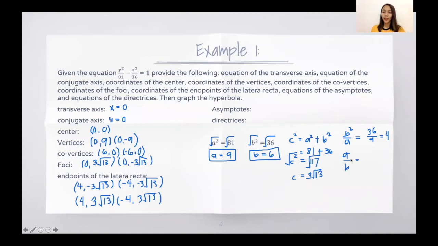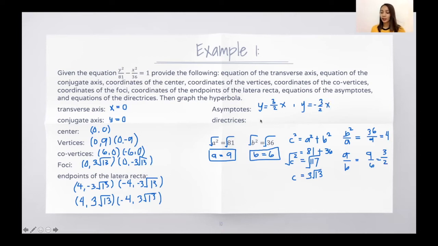So a is equal to 9, b is equal to 6. So reduce it to lowest terms. 9 over 6 is equal to 3 over 2. Okay, so therefore, y is equal to 3 over 2 x and y is equal to negative 3 over 2 x.